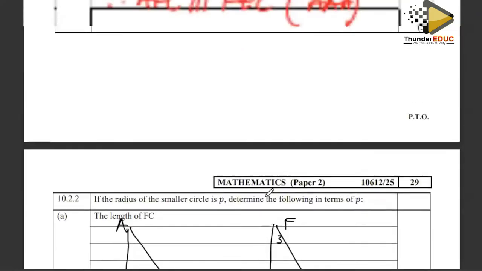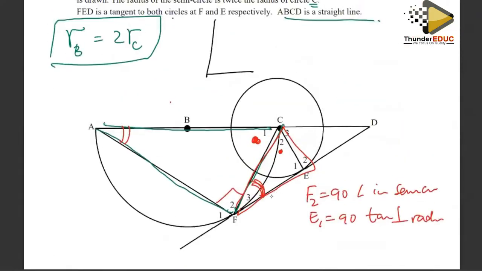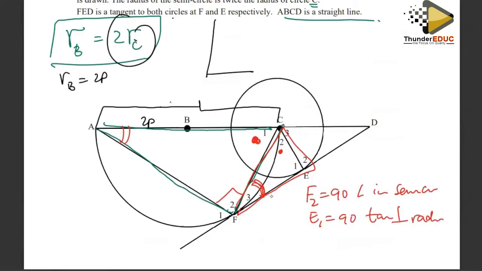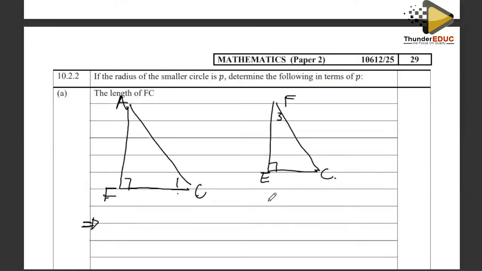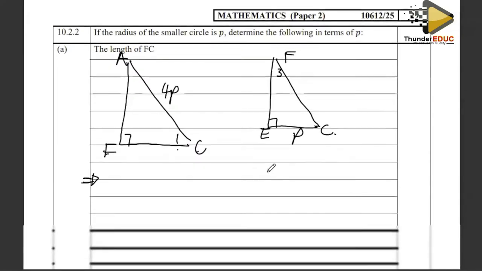So if I'm to compare this, remember our AC from here up to there. Remember the radius is twice. They told us that this is a P. So R of B is 2P. So if that is a 2P and this is a 2P, it becomes a 4P. And then this distance from C to E is what we are having as a P, meaning that I'll have this AC as my 4P, and then I'll have the EC as a P. Let me compare the sides.